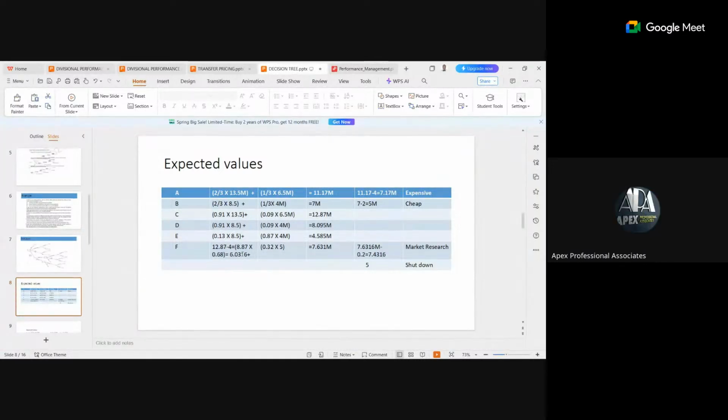The good results. Why? Because it's giving us what? Value of what? 8.095. So we go with the good results because it's giving us the highest value. The highest value.